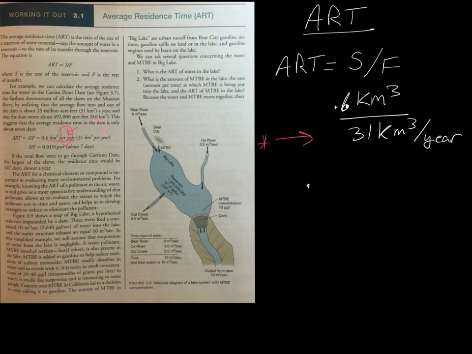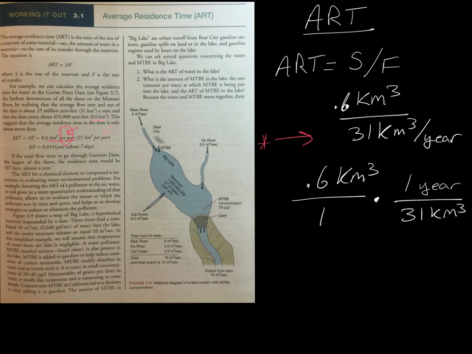So if you have 0.6 kilometers cubed, you can invert that 31 kilometers cubed per year and multiply it. And remember from Mr. Decepeda's lessons with dimensional analysis, that this becomes over 1, and now you're multiplying 1 year divided by 31 kilometers cubed.